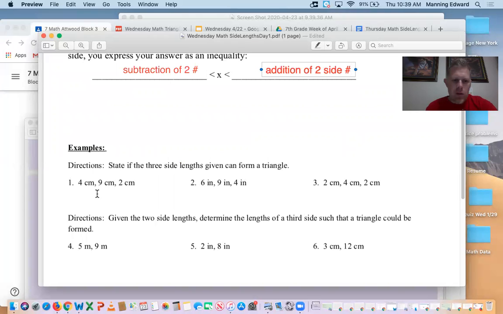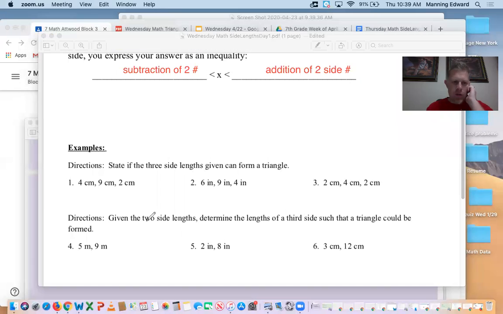No. So this one would be a no. I can't type it in, but I can draw it. And this one would be no. 6 plus 4 is 10. Is 9 smaller than 10? Yes. That'd be yes. You guys can correct me if I'm wrong. I think I'm doing this the right way.